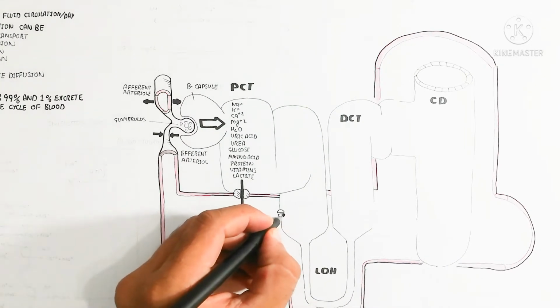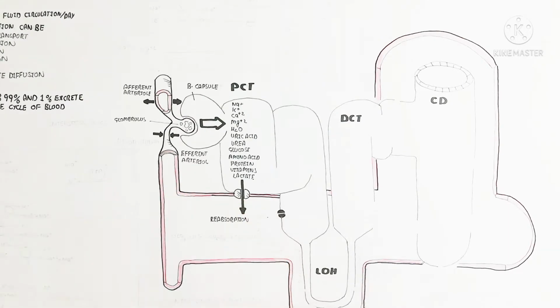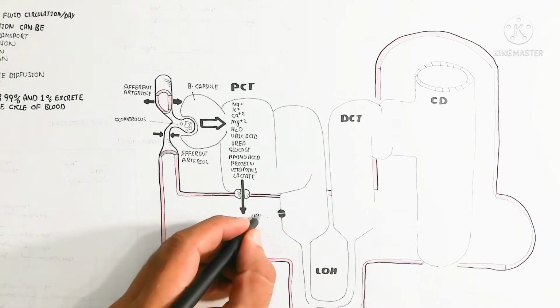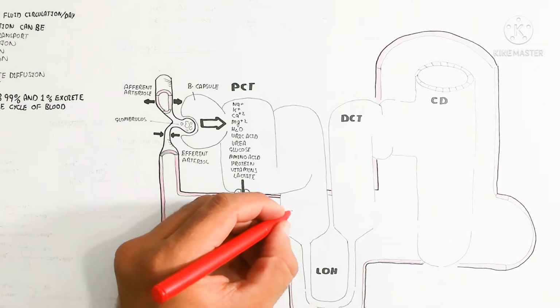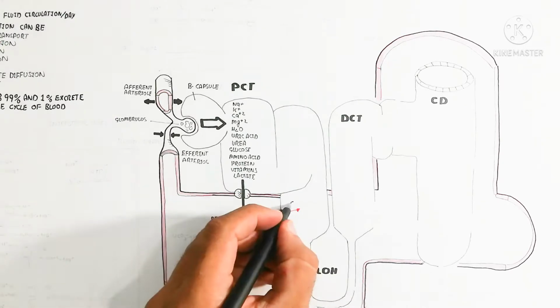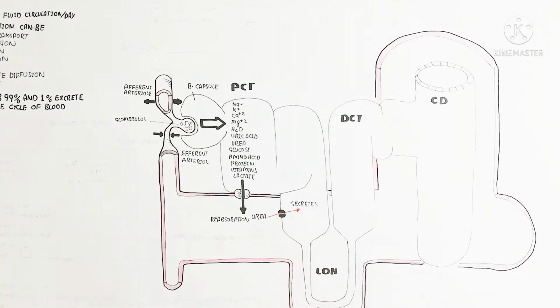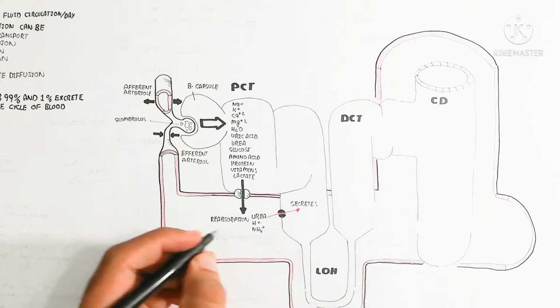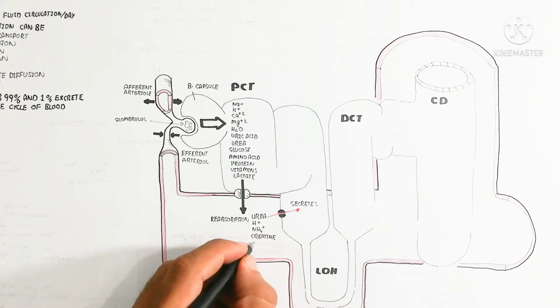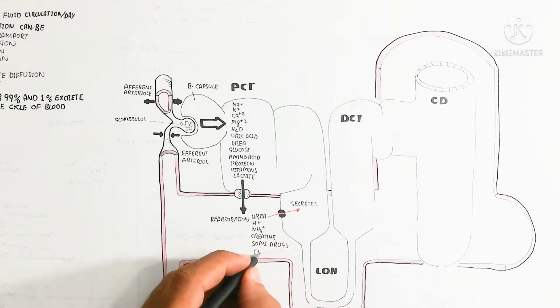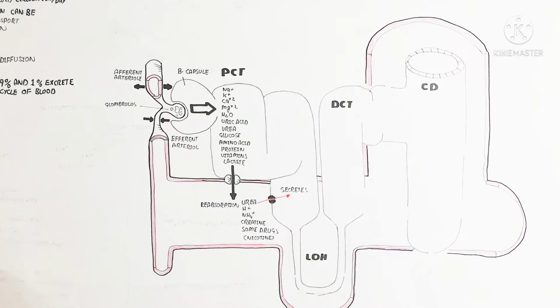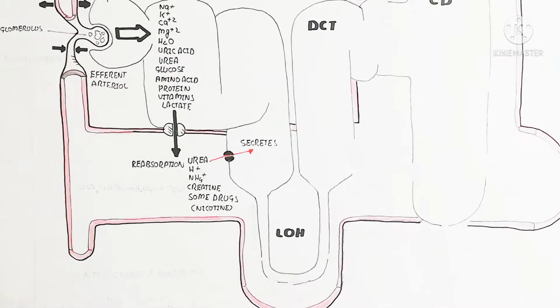Urea is also secreted, and protons, amine groups, creatine, or some drugs can be secreted from the efferent arteriole. So the secretion of urea also occurs through the efferent arteriole, along with drugs, protons and amines.